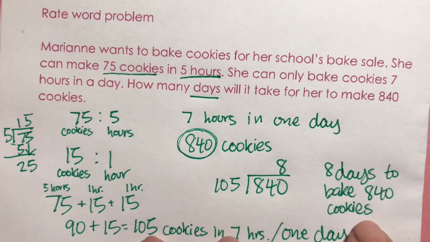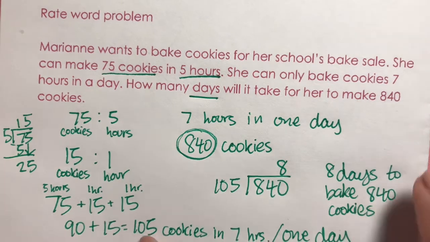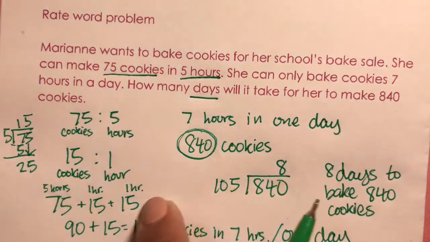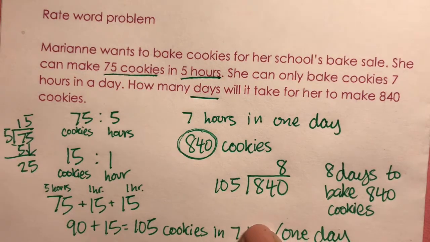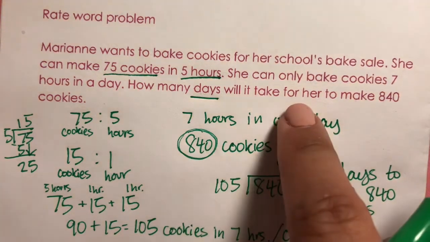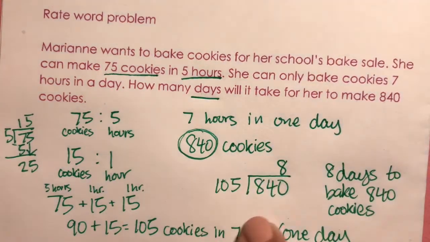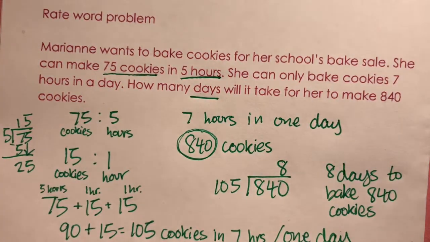Look through how I found the rate per hour, how I found how many cookies she can make in 7 hours, and then look through the explanation of why we're dividing 840 by 105. And if you're still not sure, go ahead and raise your hand and ask me whatever questions you may have.